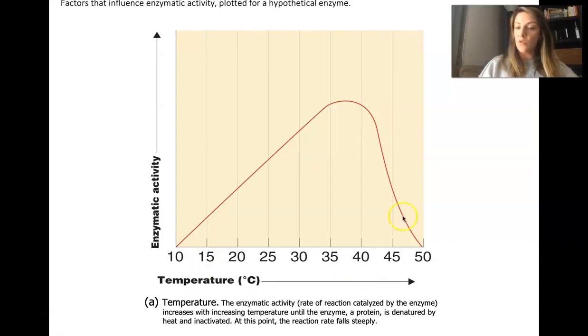And here's a typical temperature curve for an enzyme, meaning that this enzyme is most active around 37 degrees Celsius. And what you see here is two things. One is that the increase in activity here is kind of a slow increase based on temperature until you get to that peak.